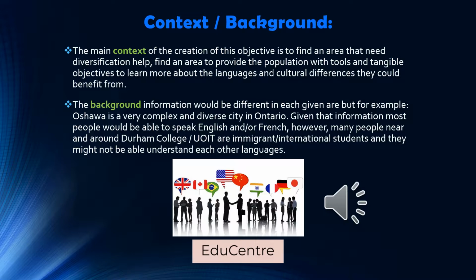But I know primary languages as of right now would be English and French. But there's some international students that might struggle with the proceedings of English and French. Therefore, we would create an objective to teach and have classes aside from their classes at UOIT, and we can also aim towards people that aren't in school as well, who would want to take English classes and French classes to enhance their knowledge.